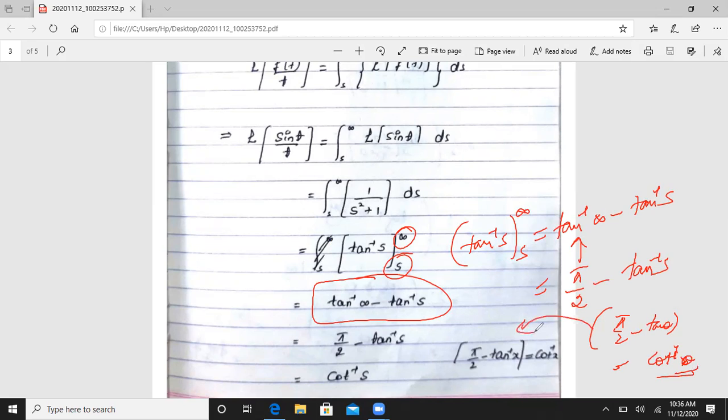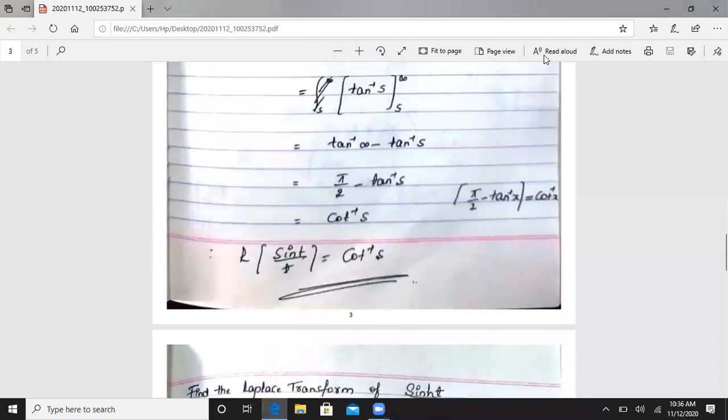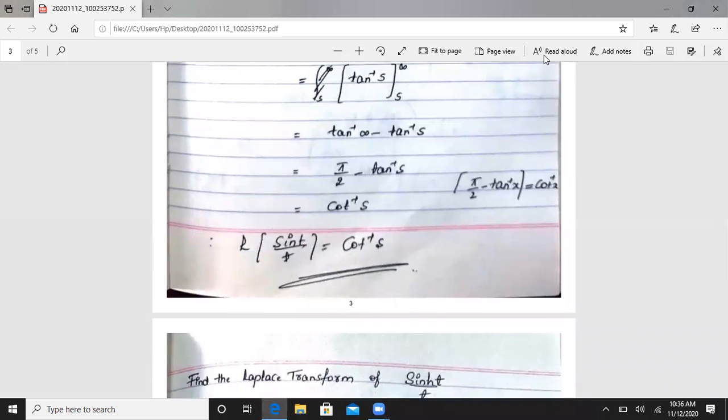So pi by 2 minus tan inverse of s is cot inverse of s. So your final resultant answer is that the Laplace transformation of sin t divided by t is equal to cot inverse of s.